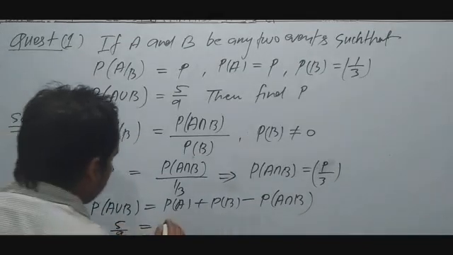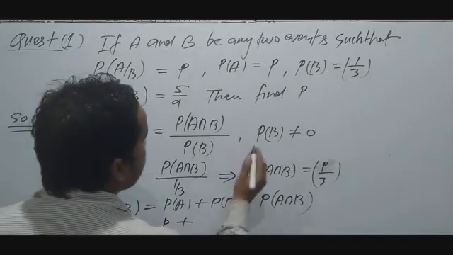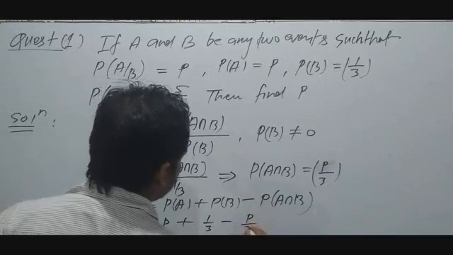So 5 by 9 is equal to probability of A, which is P, plus probability of B, which is 1 by 3, minus probability of A intersection B, which is P by 3.